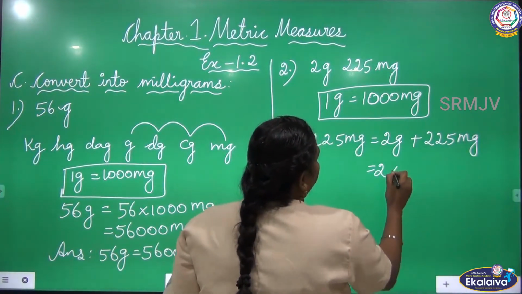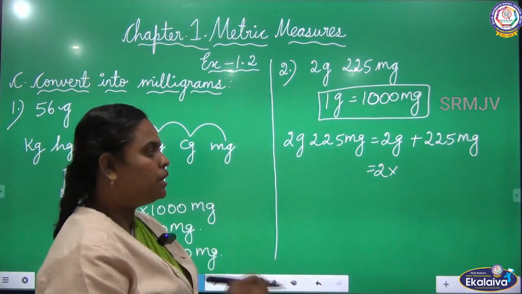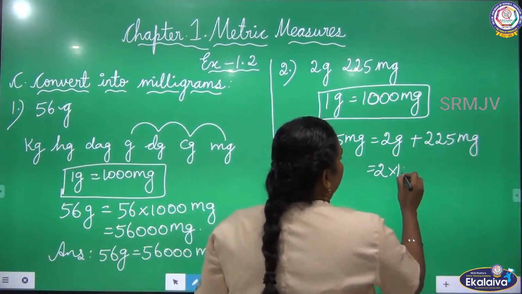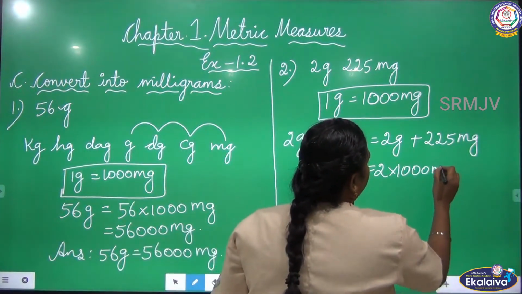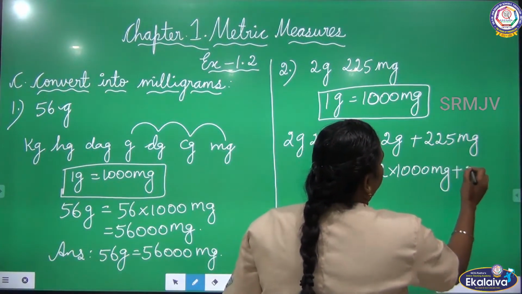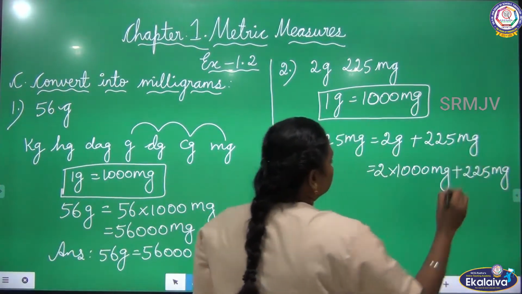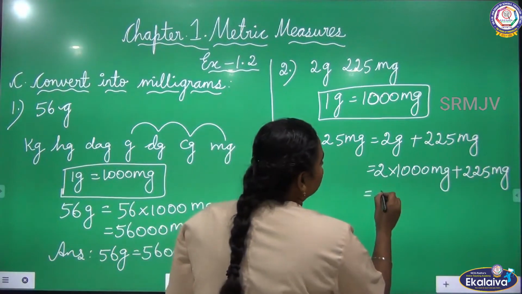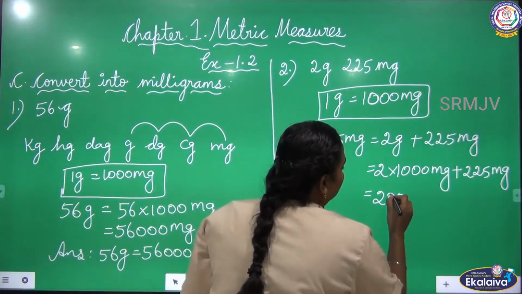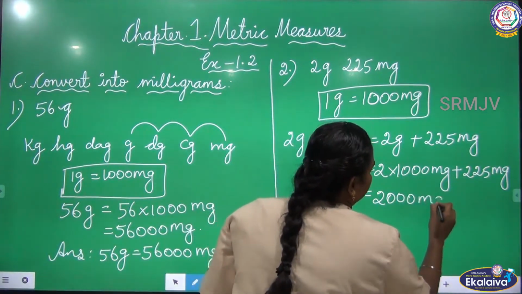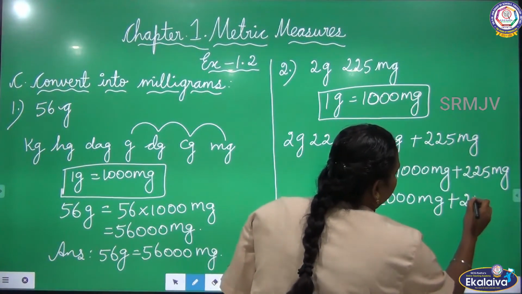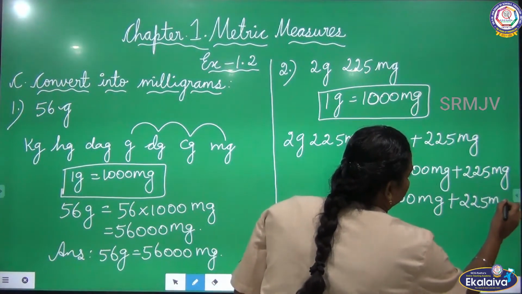So, 2 gram equal to how many milligrams? 2 into 1000 milligrams. 2 into 1000 milligram plus 225 milligram. So, 2 into 1000 milligram, 2000 milligram plus 225 milligrams.